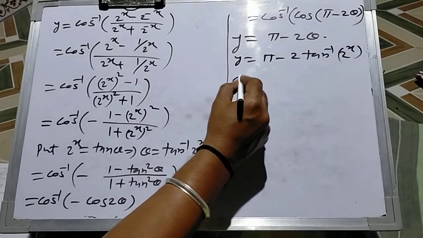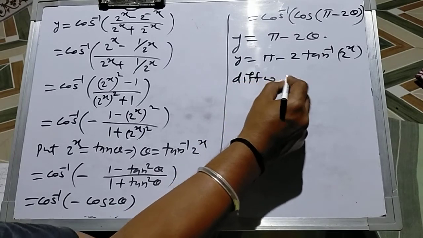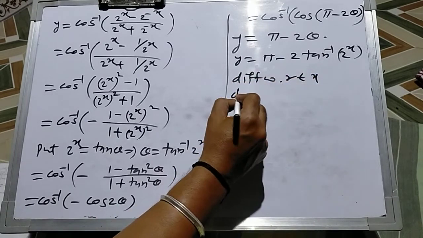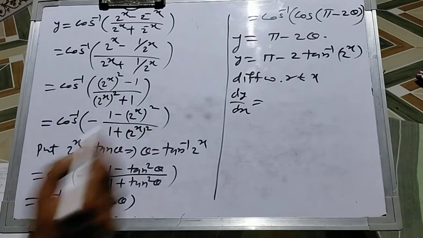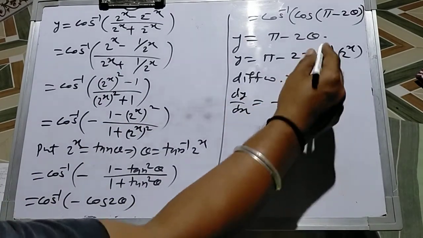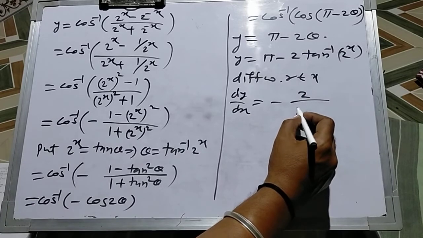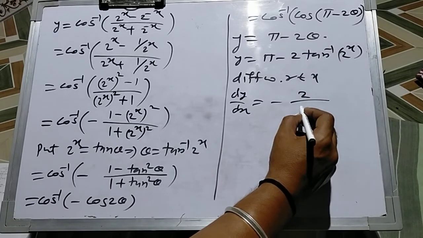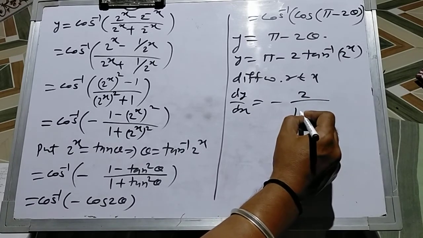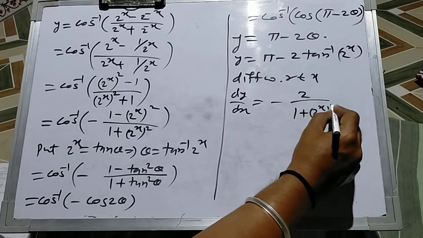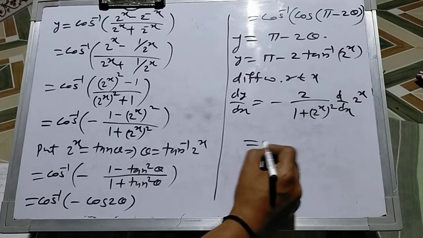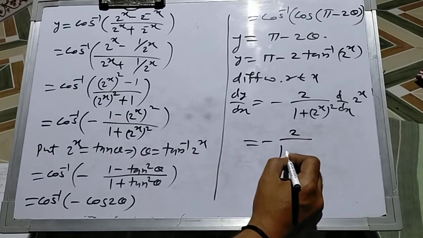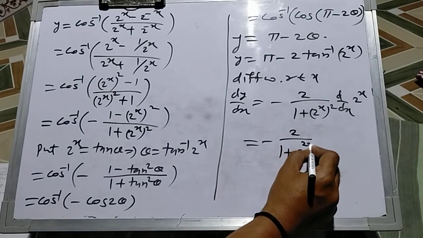So differentiate this with respect to x. So dy by dx is equal to derivative of pi, which is 0, minus 2 times the derivative of tan inverse of x, which means 1 divided by 1 plus x square. So here 1 plus (2 to the power x) square into the derivative of 2 to the power x. So this is equal to minus 2 divided by 1 plus 2 to the power twice of x.